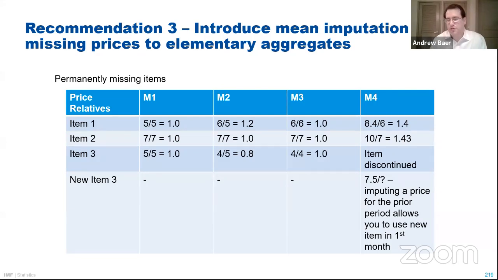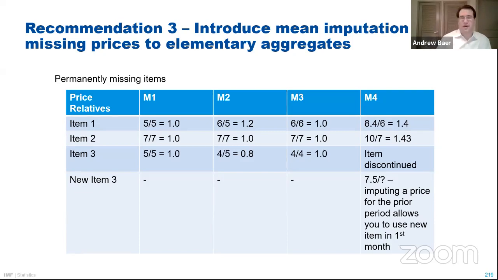So look at this example. Item 1 has a price relative of 1.4. Item 2 has a price relative of 1.43. So there's a lot going on in this market this month. It's not a good practice to introduce this new item with a price relative of 1.0, because now you've fundamentally changed the index.